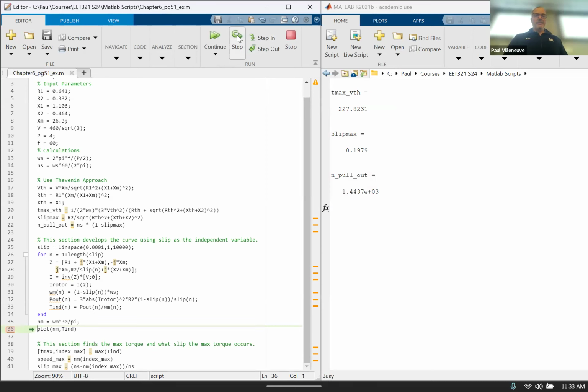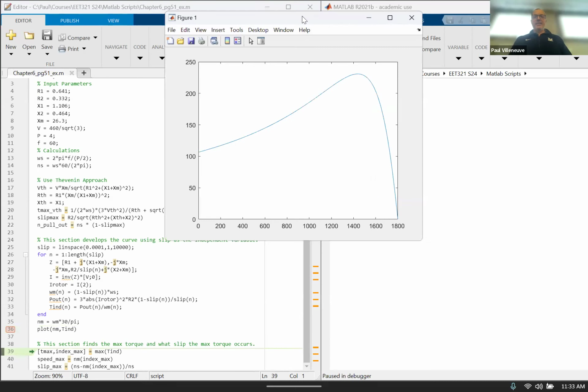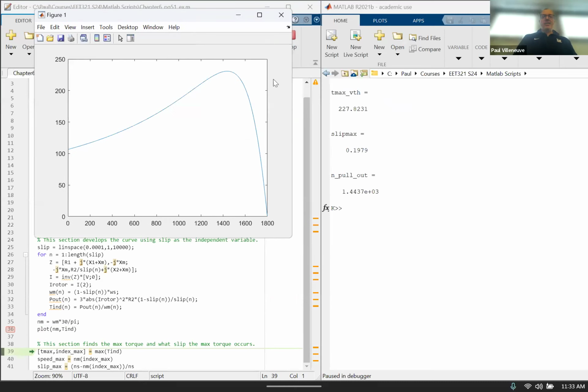Now I'll plot it. And let's see. I said max torque is around 228. 230.1 is what MATLAB is saying. And if you look at the speed, 1,432, what did we calculate on the slides?